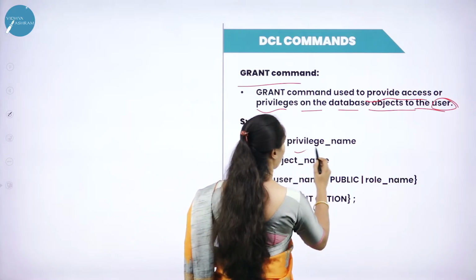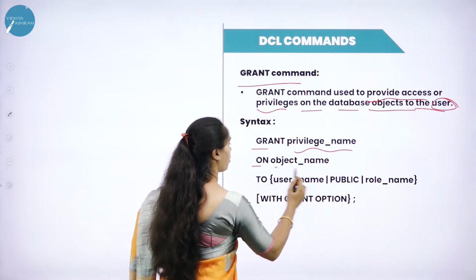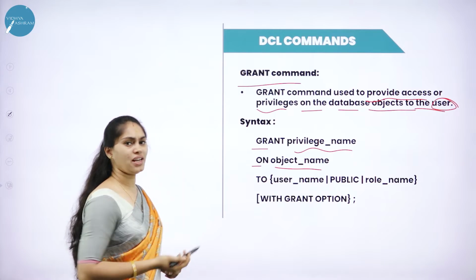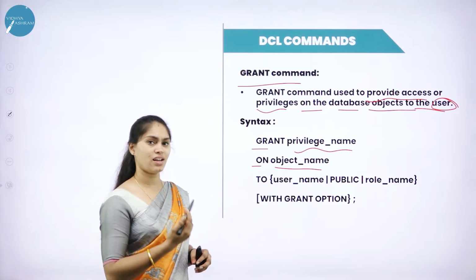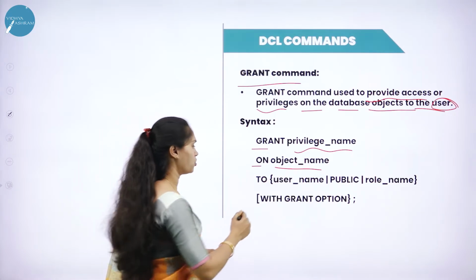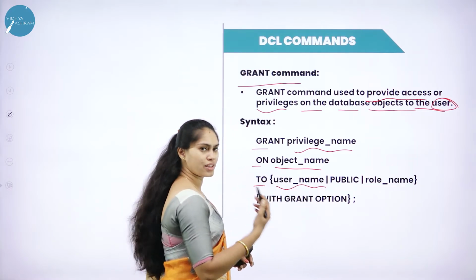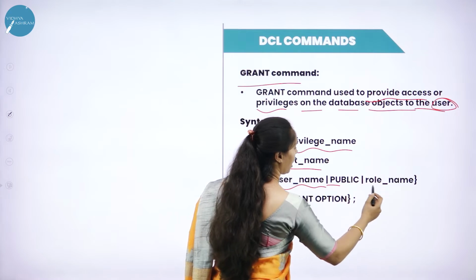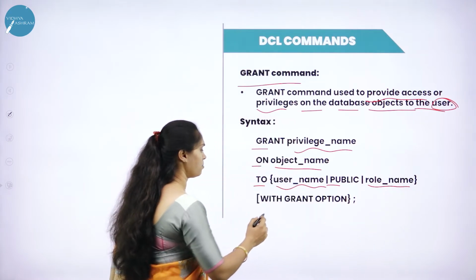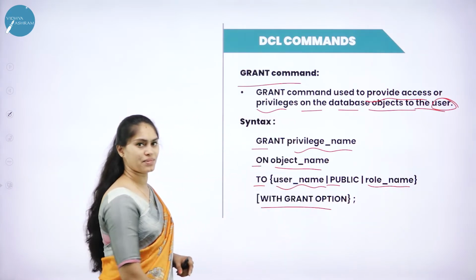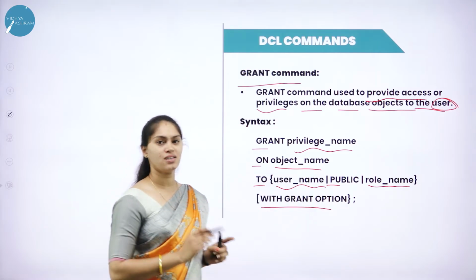Grant, I'm going to grant some privilege name on the object name, on which object you can make some changes, or what are the operations that you can do. To whom am I giving this privilege? To the user, whether they are public or private, and we have to specify their role name with grant option. At last, don't forget to give the semicolon.